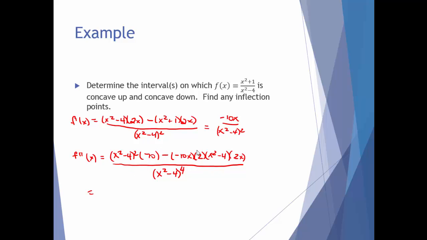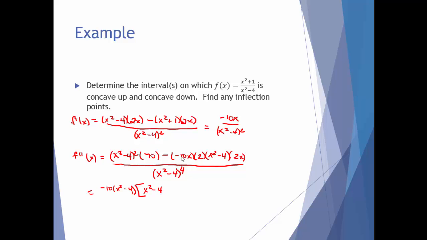We want to treat this numerator as having two terms and take out what's common to both. They both have a negative 10 and they both have an x squared minus 4. So we'll take out negative 10 times x squared minus 4. Open up a big set of brackets. And in the first one, you'll be left with an x squared minus 4.